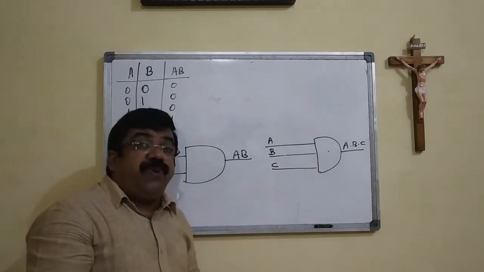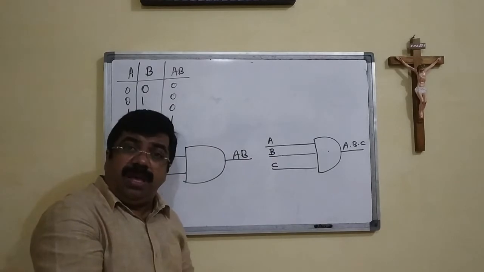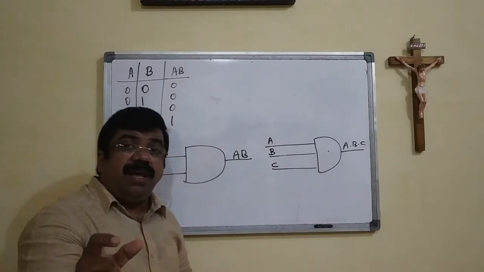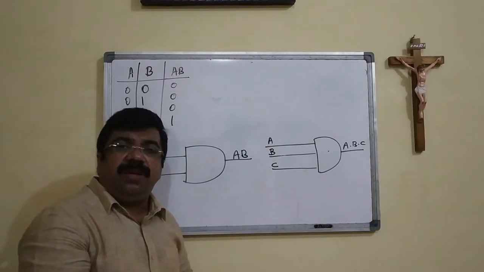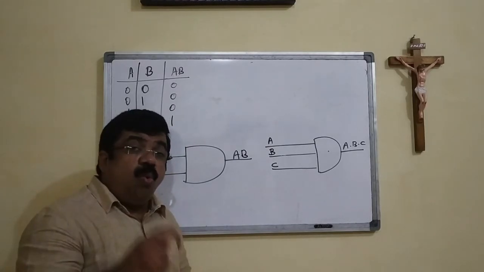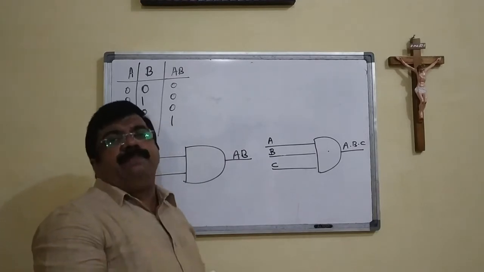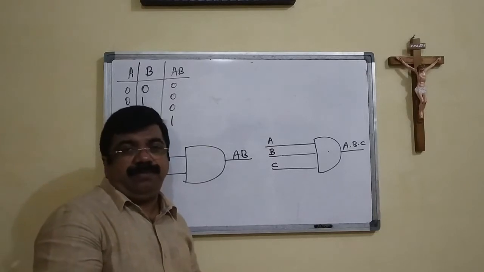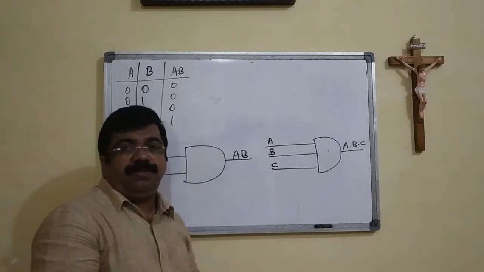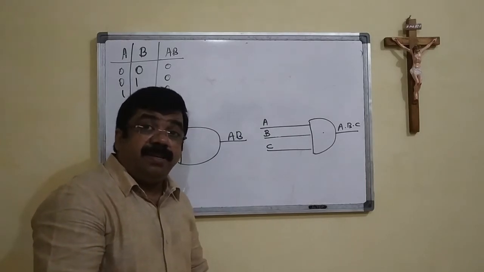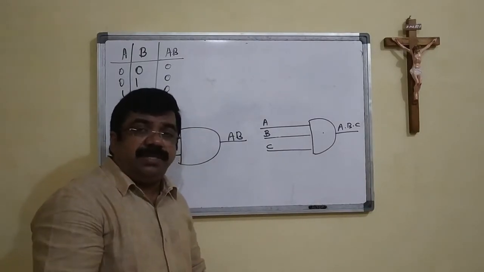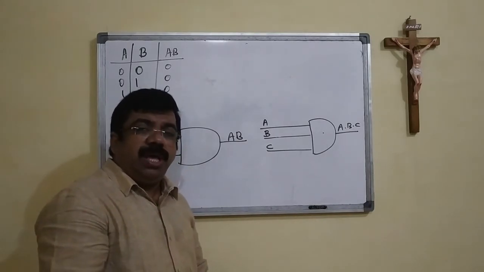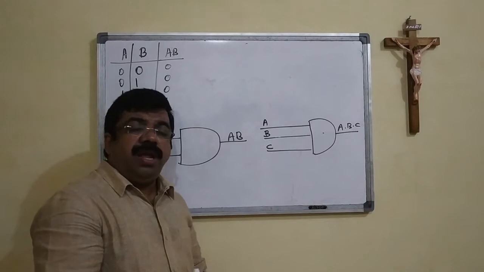And next we are going to find what a logic gate is. A logic gate is an electronic circuit which will take one or more than one input and gives only one output.